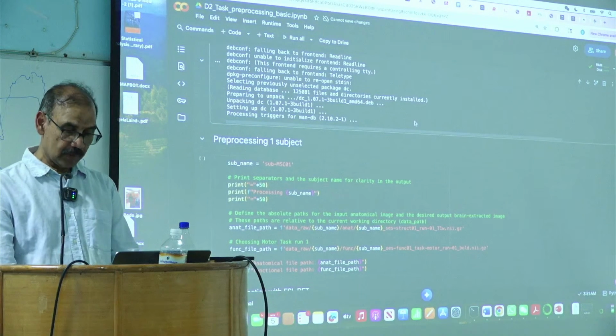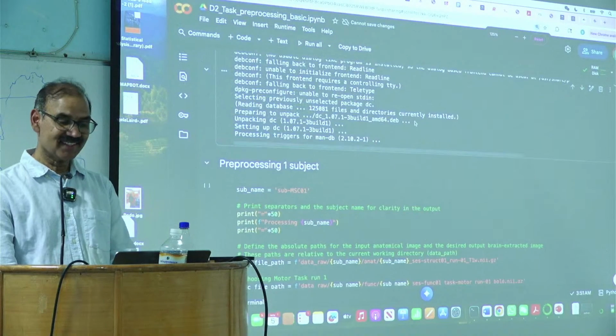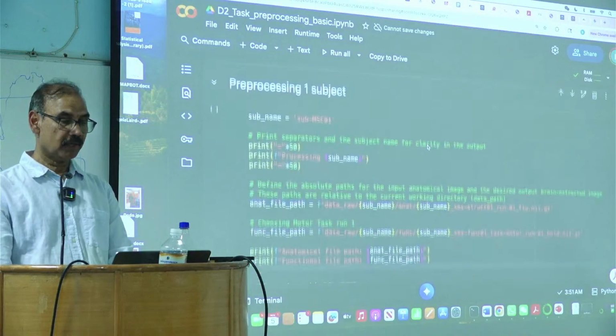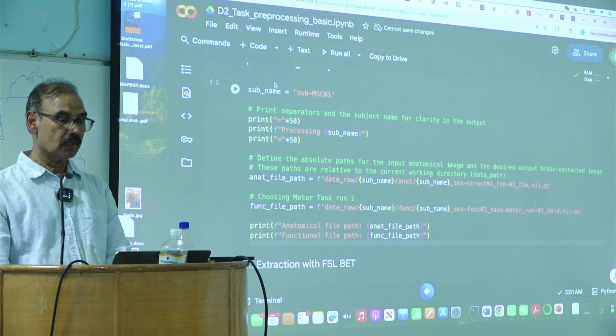Okay. Control Shift plus. Is this better? Okay. Right.